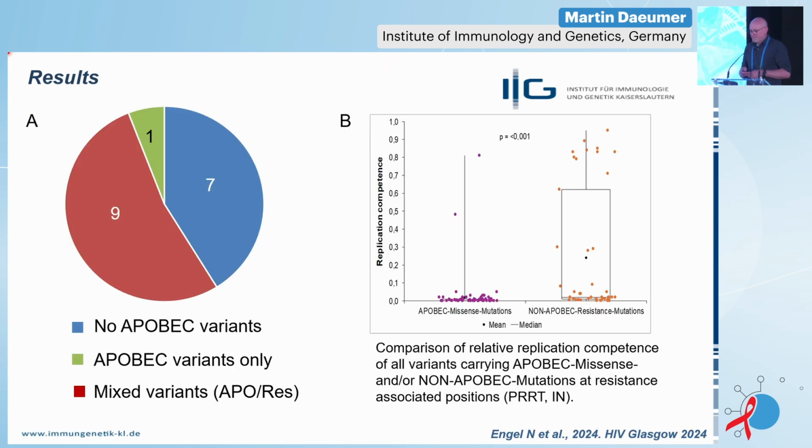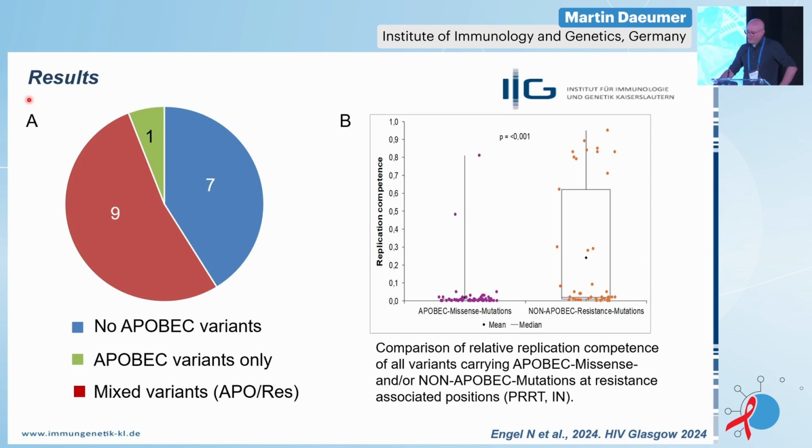These are the overall results from these 17 patients. Nine patients had a mixture of different variants, APOBEC and purely resistant variants. One patient had only APOBEC, and seven had no APOBEC mutations at all.